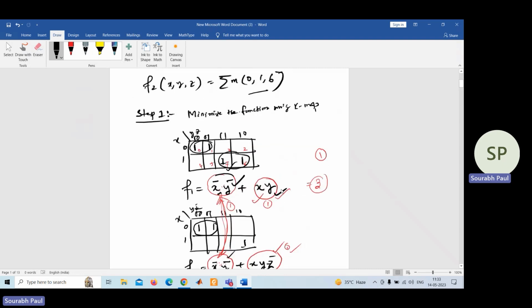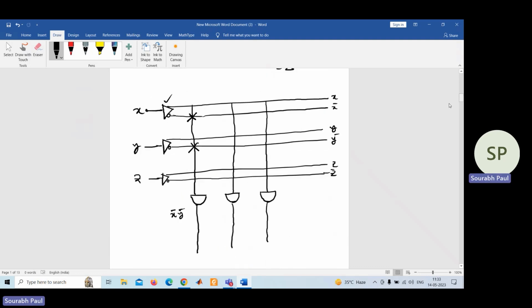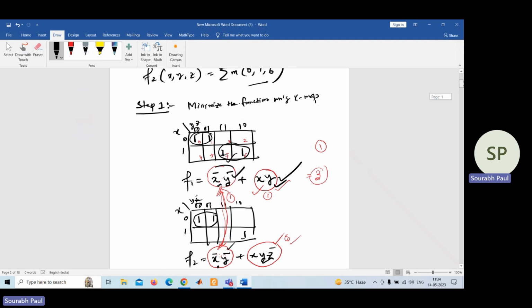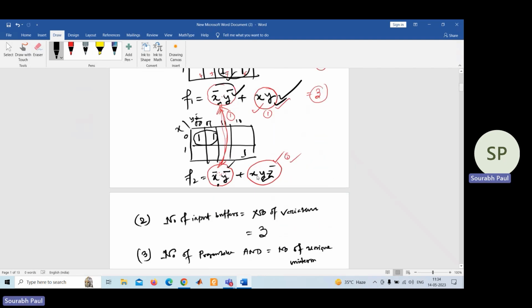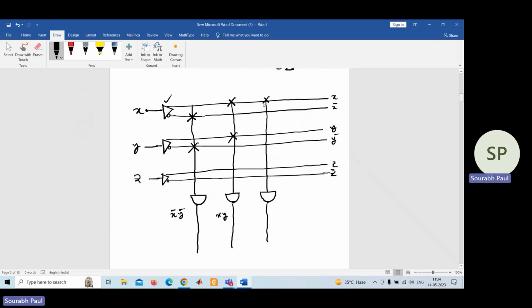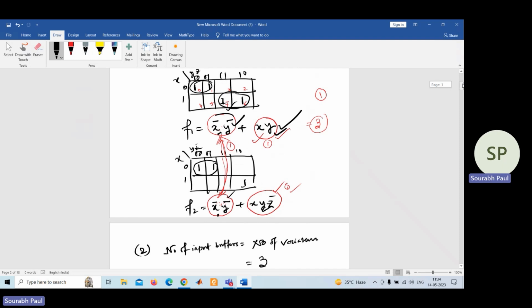Now what is the next component we need to get? XY. This is the X line, this is the Y line, and we don't have to make any connection in the third buffer. So this AND gate is giving X and Y. Then come to the third component, which is X, Y, Z bar.